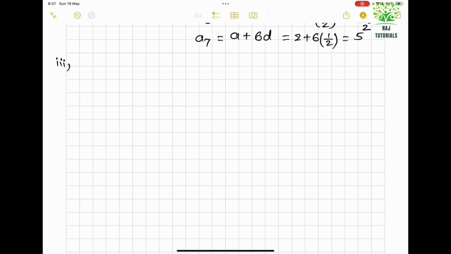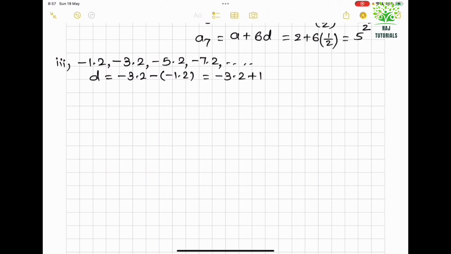Third one, minus 1.2, minus 3.2, minus 5.2, minus 7.2 and so on. So D is minus 3.2 minus minus 1.2. So that is minus 3.2 plus 1.2. So that is minus 2.